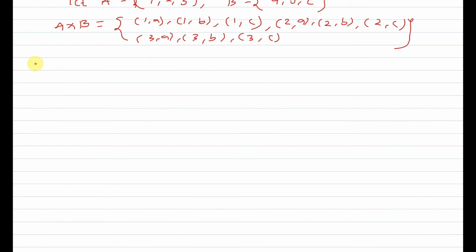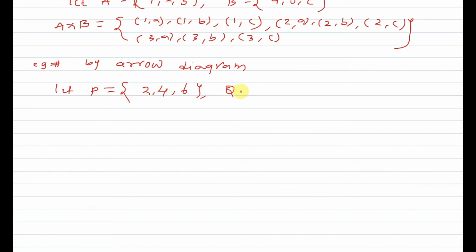Now I will discuss one more example, that is by using an arrow diagram. Here I am taking P. P is a set having the elements 2, 4, 6, and Q is having the elements S, M, T. So this is called an arrow diagram.